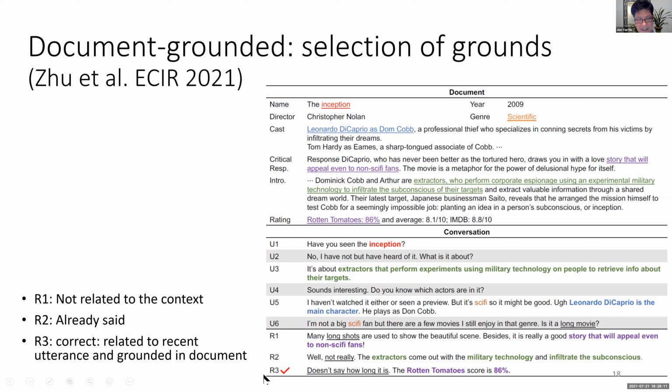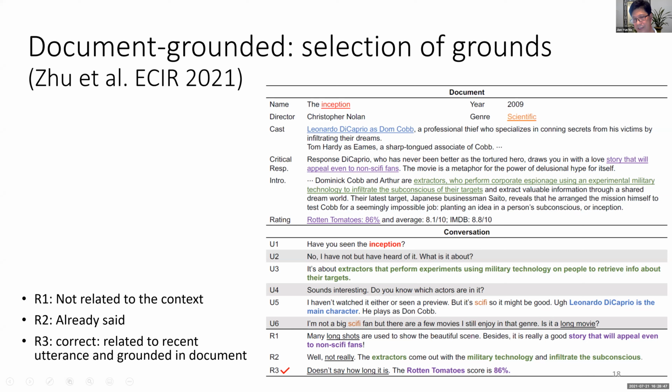Here, R3 is the desired response, which is both related to the context and also related to the document. The colored elements are those that are mentioned in the document. R1 is not strongly related to the last utterance, because in the last utterance the question is: is it a long movie?